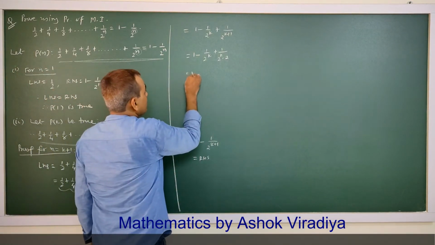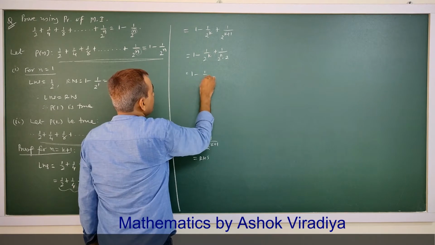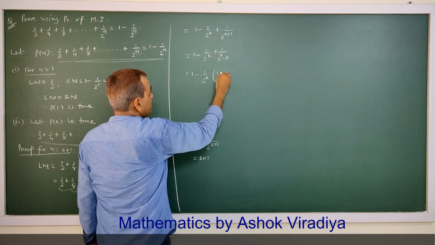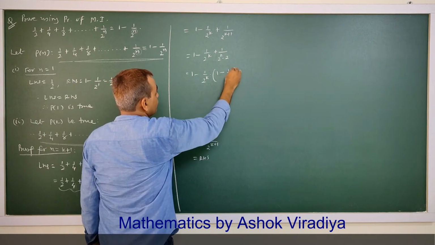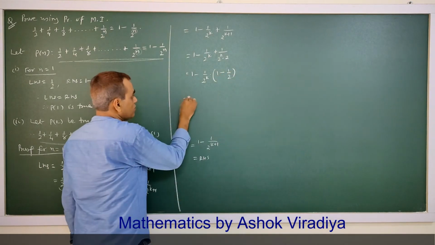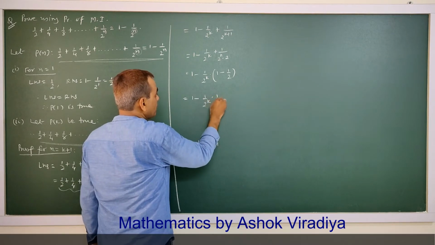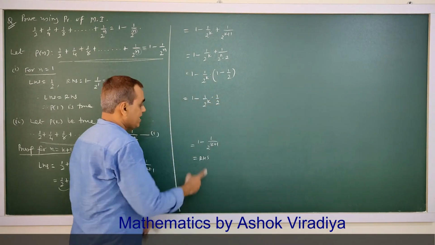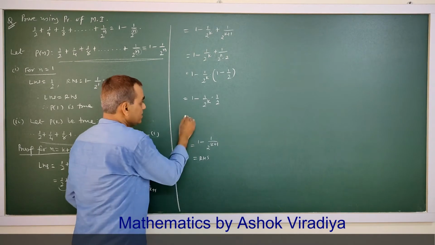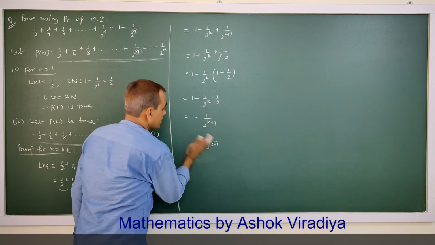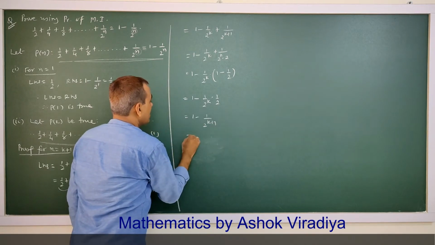Now 1 minus 1 upon 2 raised to k common. So here 1 is left, here minus 1 upon 2. So it is equal to 1 minus 1 upon 2 raised to k into 1 upon 2. And say it is derived. This is 1 minus 1 upon 2 raised to k plus 1, and it is equal to RHS.